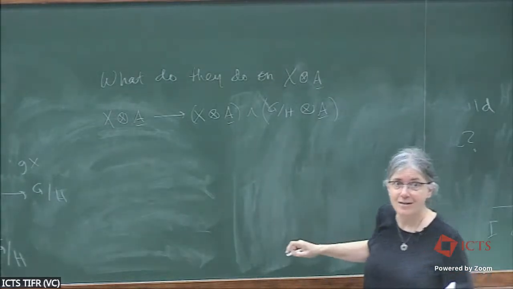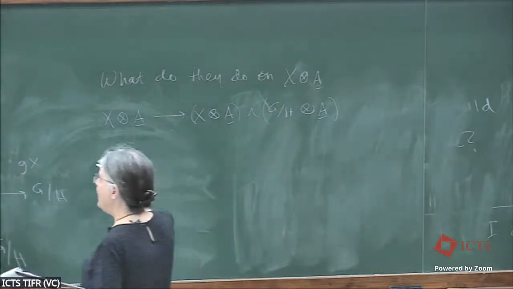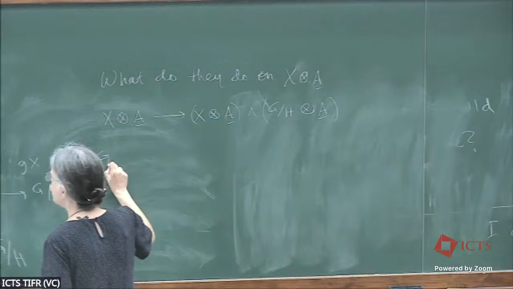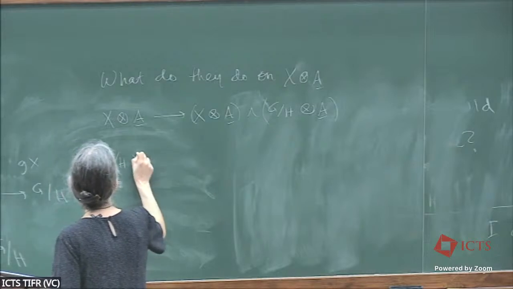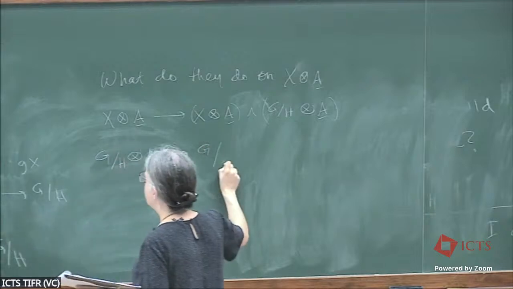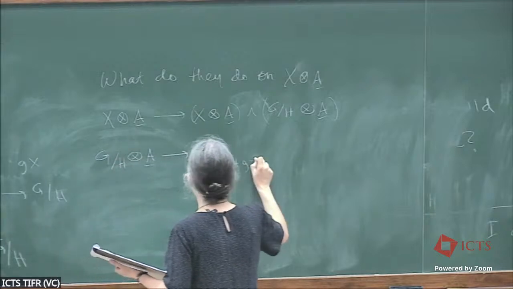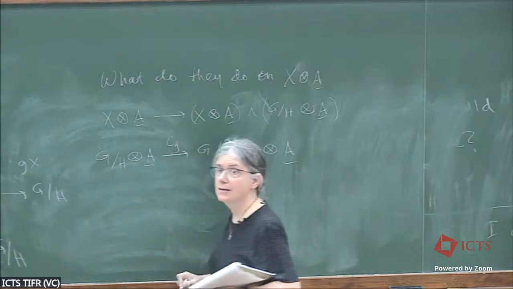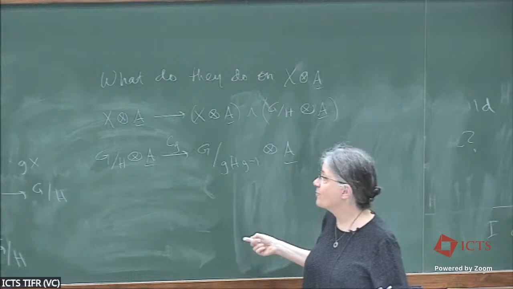You win. Nothing hard. Okay, here, basically you go from G mod H tensor A to G mod H G inverse tensor A by CG. That's exactly what CG was built for.